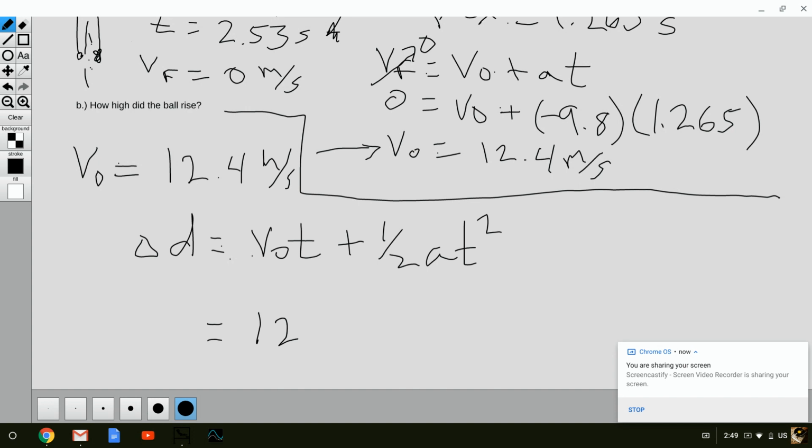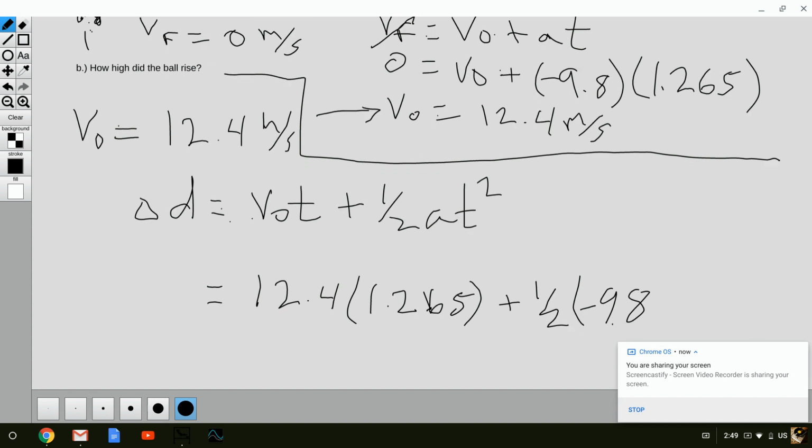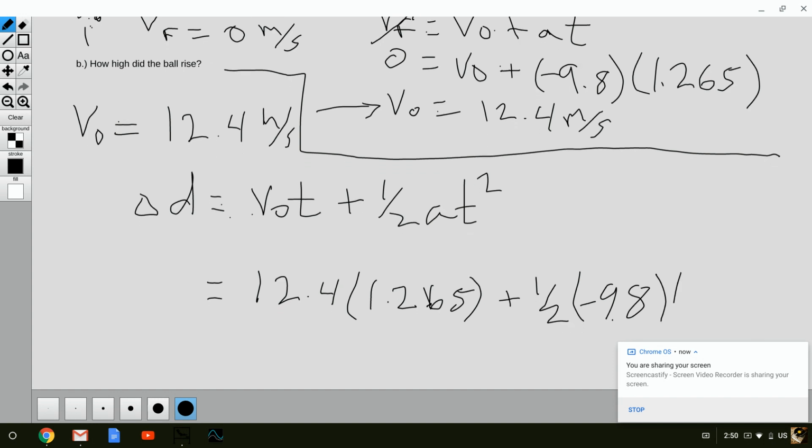So this will be 12.4 times my time, which is 1.265, plus 1/2 times negative 9.8, times the 1.265 squared. So let me run that through the calculator real quick.